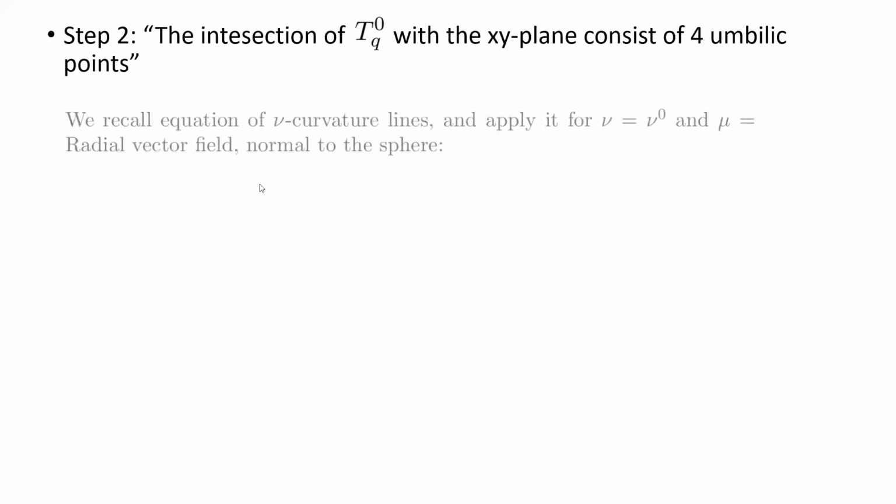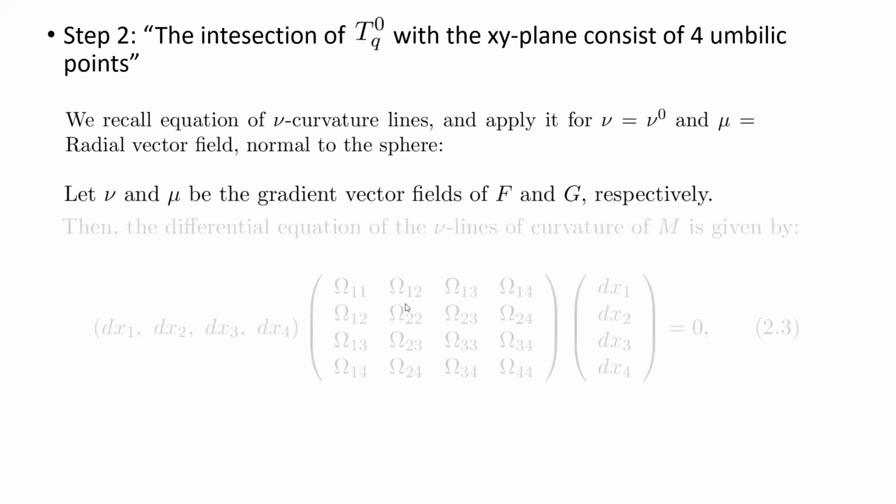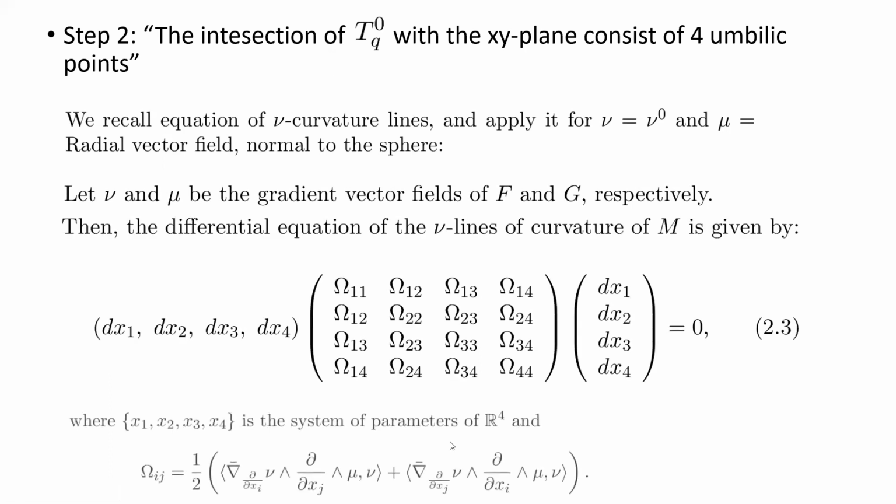We recall that we use the line of curvature with respect to nu, that I showed before, and mu, consider the radial vector field because it's the normal to the sphere. So we have the two normals, and we consider the gradients of both, and we consider the equation that I showed before. When you apply this equation with these parameters, it vanishes.